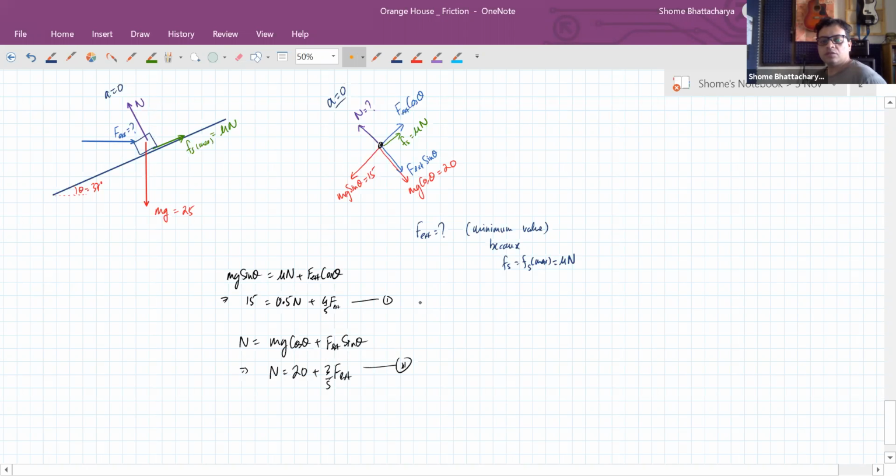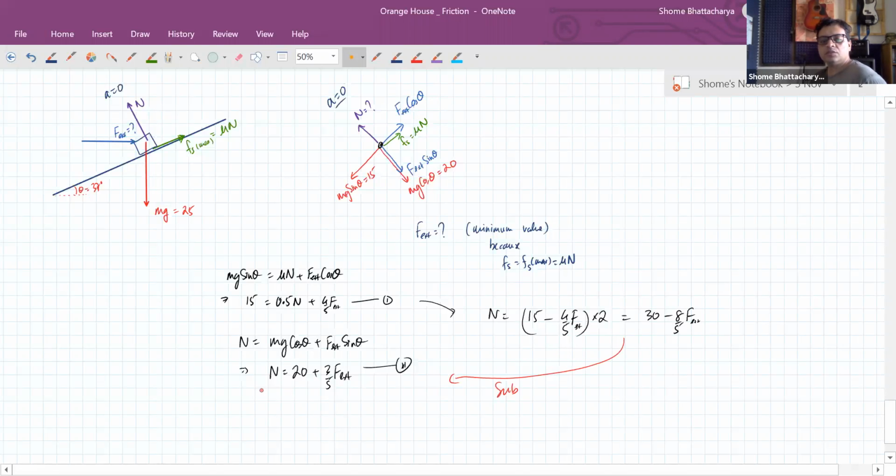So from equation 1 you can see that N will become 15 minus 4 by 5 F, the whole thing into 2, or 30 minus 8 by 5 F. So substitute this now in this equation.